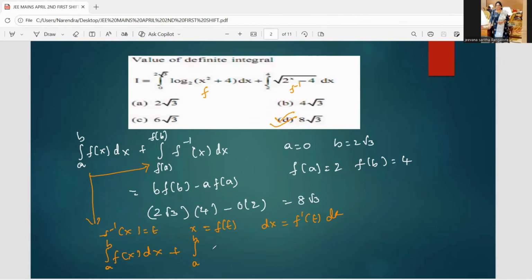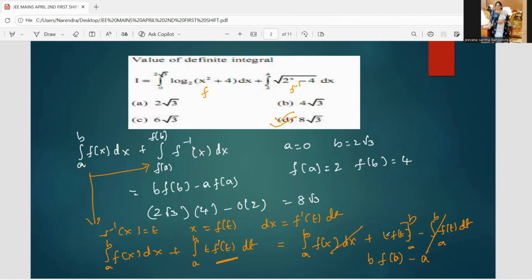This will become a to b t f dash of t dt. When we use parts here, it reduces to integral a to b f(x) dx plus t f(t) minus integral of f(t) dt within the limits a to b. Then you can cancel out these two. The final value obtained would be b f(b) minus a f(a). So this is actually the proof of that result.